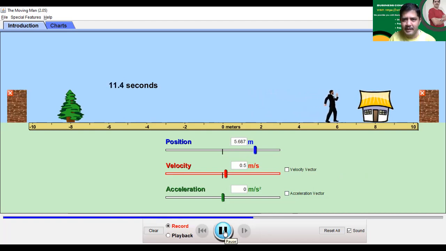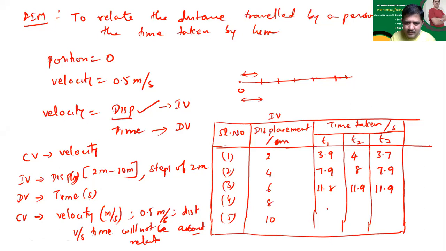Then 16. Let us go back once again. 15.9, 15.8, 16. Now let us do the next last try.